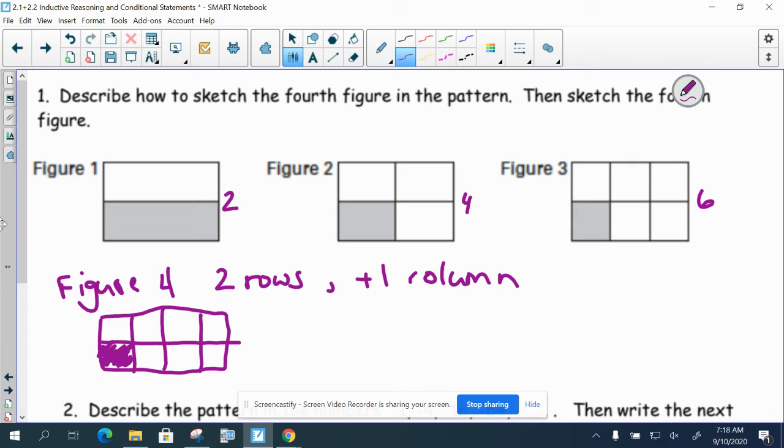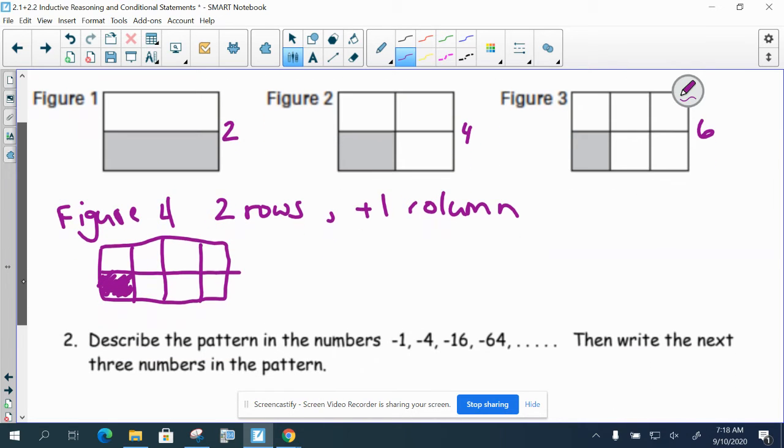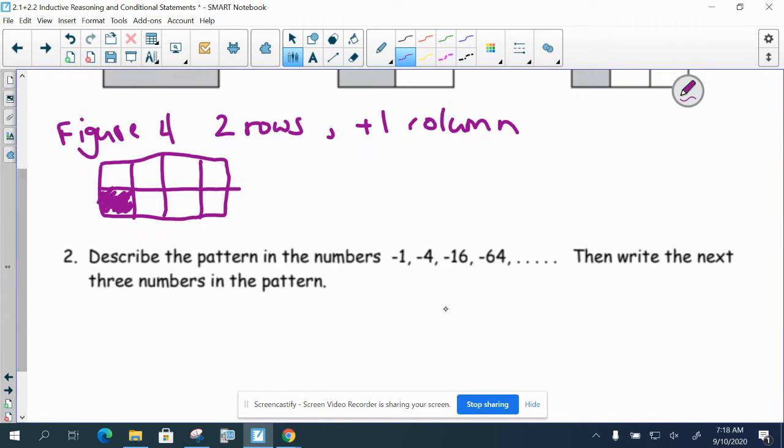All right, number 2. Describe the pattern with these numbers. Write the next 3 numbers in the pattern. So -1, -4, -16, -64. So you can probably see pretty quickly each time we're multiplying by 4. Multiply by 4 each time.